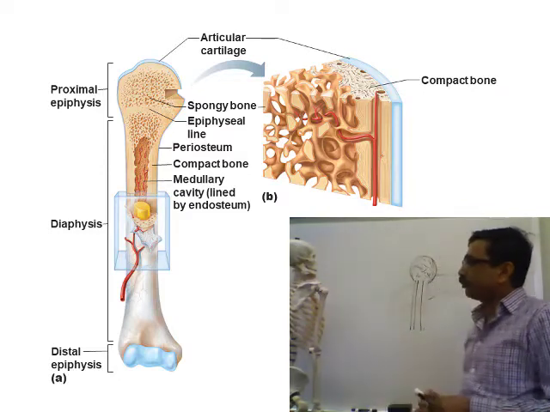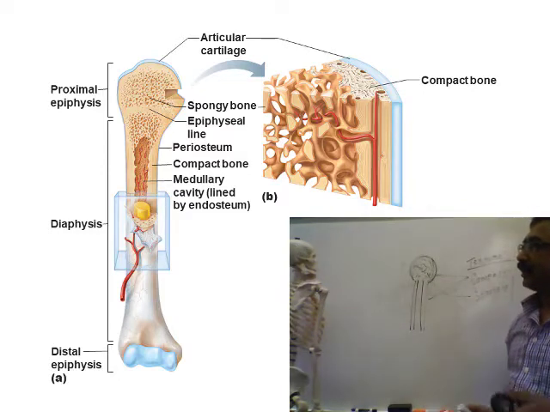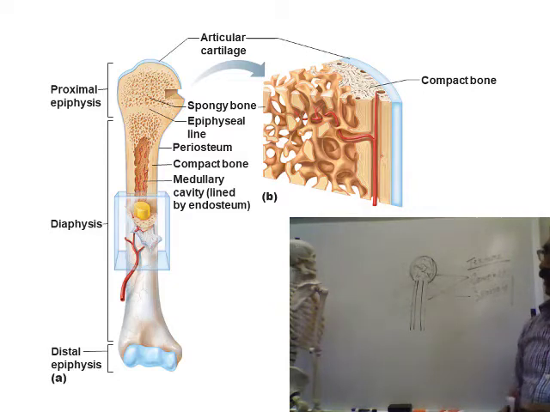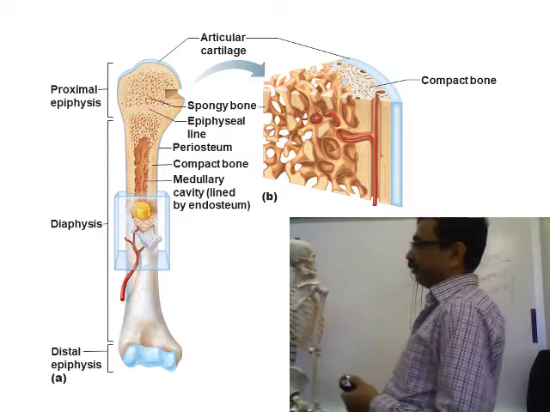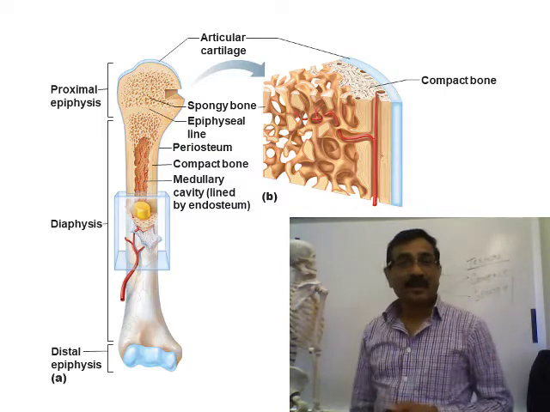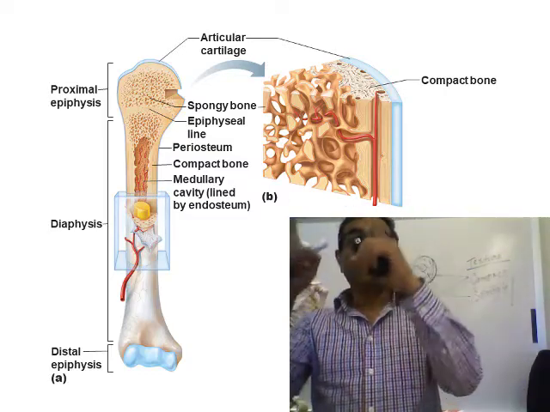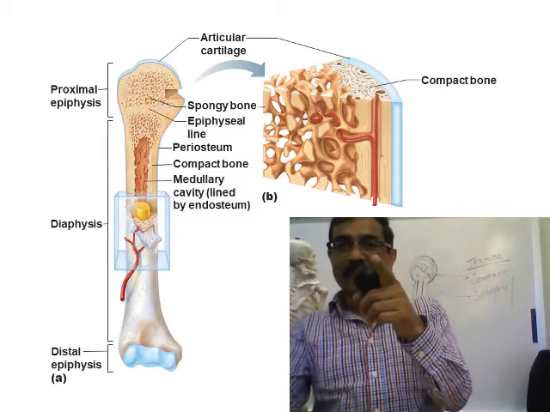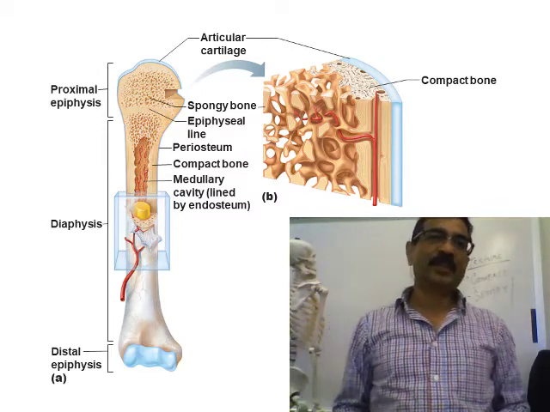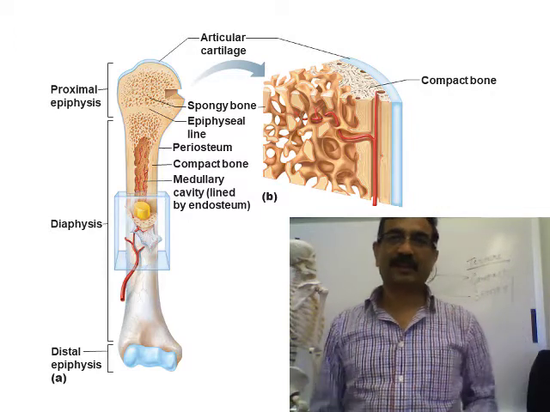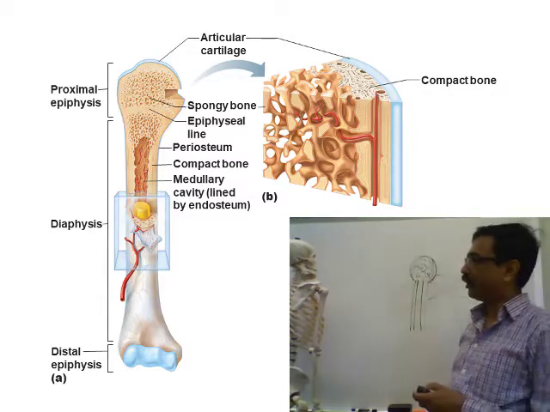Now inside the shaft you will also see there is a cavity in the long bone that is called the medullary cavity. That contains what? In early stage of life, red bone marrow, right? But in adults, yellow bone marrow, which is what? Fat, stored form of energy.